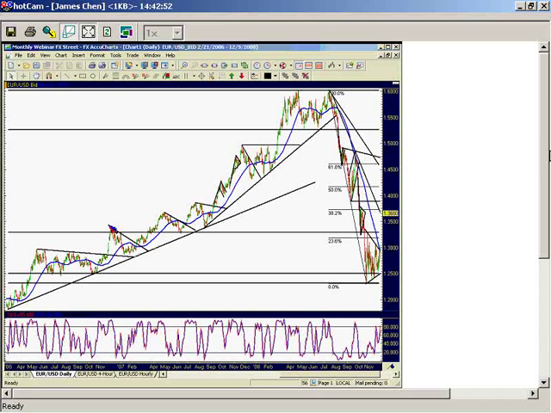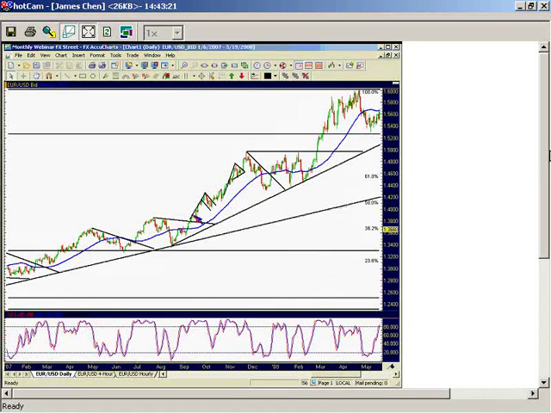These are breaks of short-term downtrend lines or counter-trend lines within the context of the uptrend. The counter-trend lines are simply consolidation or retracement within the context of the longer-term trend. Okay, longer-term trend is up. You've got counter-trend lines here, and you're playing breaks of those. It occurred several times.